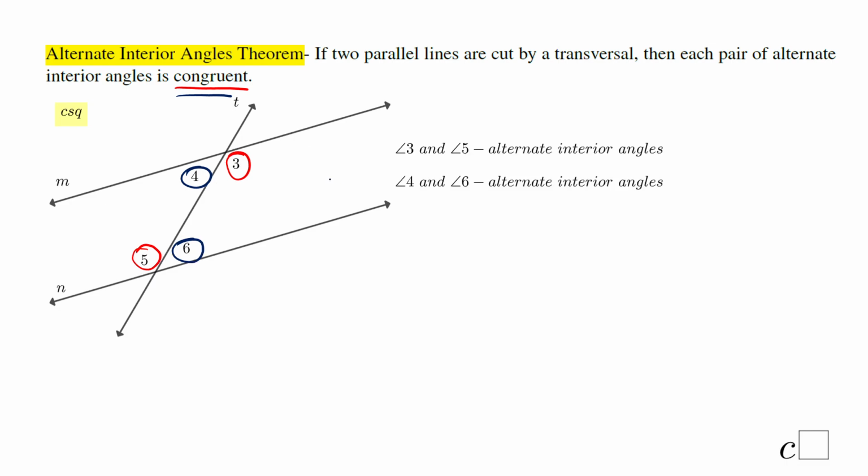Okay, so look at here what I'm going to write. Angle 3 congruent with angle 5. Or you can say measure of angle 3 equals measure of angle 5. Either statement is good. Angle 4 and 6 are congruent. That means they have the same measure.